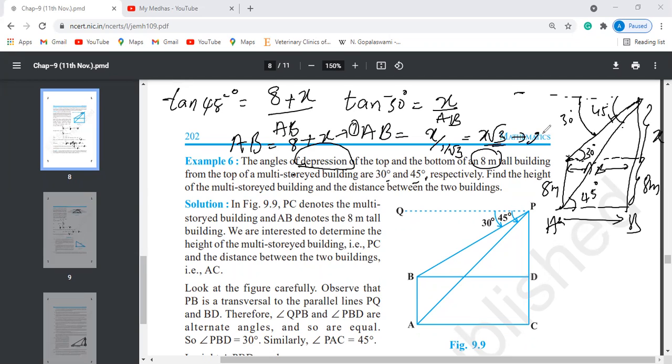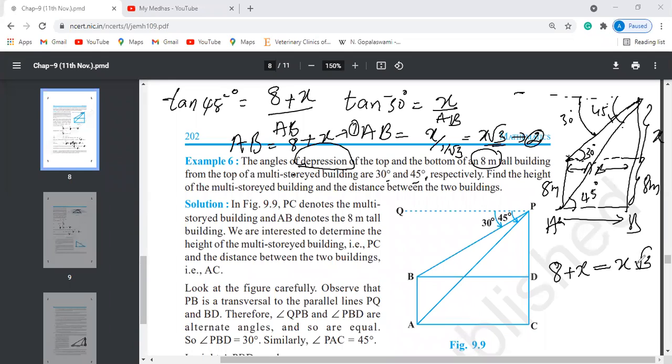Correct? This is the second equation. So now you have two equations where on the left hand side we have AB. So you can equate and you get 8 plus X is equal to X root 3. Correct? Now solve this.